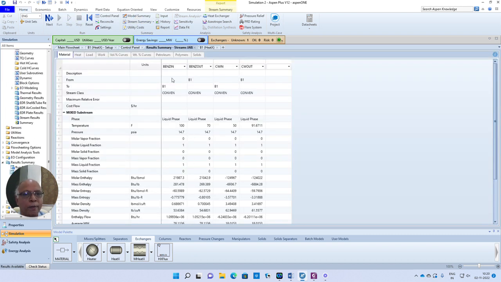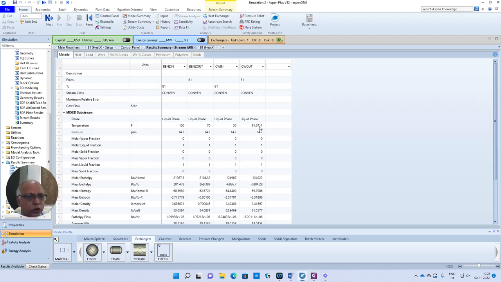Now you can see benzene is entering at 100, leaving at 70, and the cooling water is entering at 50, but the outlet temperature happened to be 91 in order to cool benzene from 100 to 70. But the requirement here is we need to have the maximum temperature at 65.